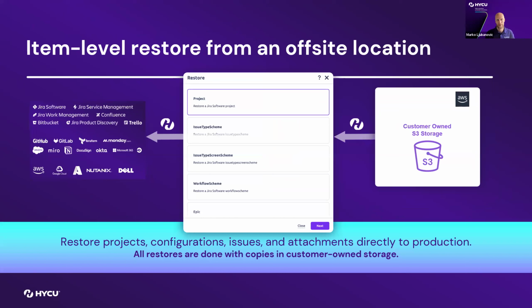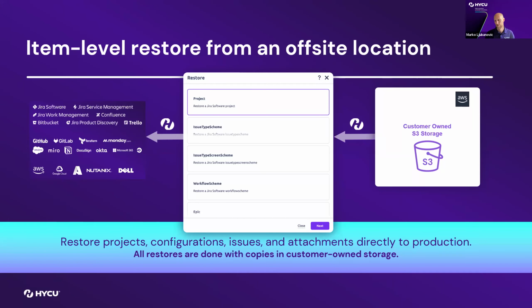And at the end, what we provide you is really full recovery of your complete SaaS application, or really the granularity, which is different for every one of these SaaS applications. Each of them is going to be different, providing you a per-application methodology to recover just a single part of it, right? I'm going back to Atlassian as an example, but if you lost an epic, you lost a ticket, you lost an attachment.